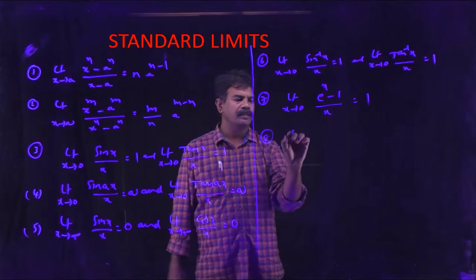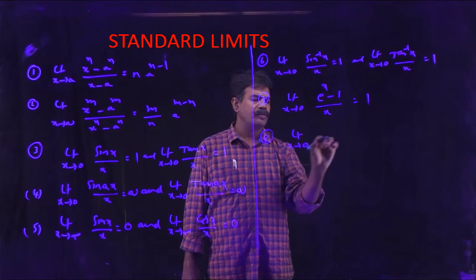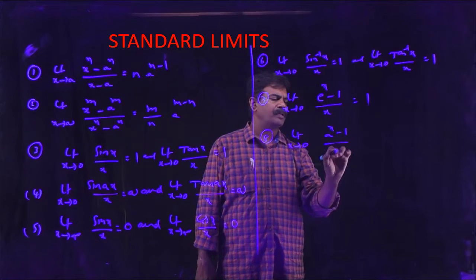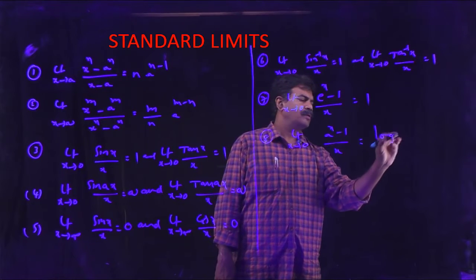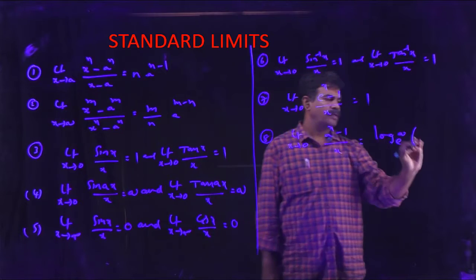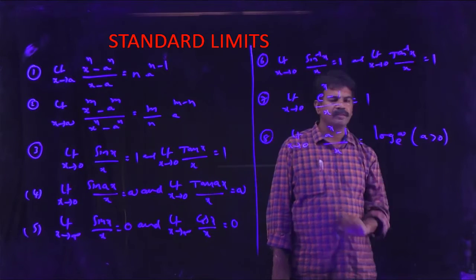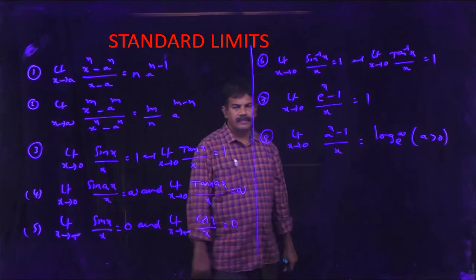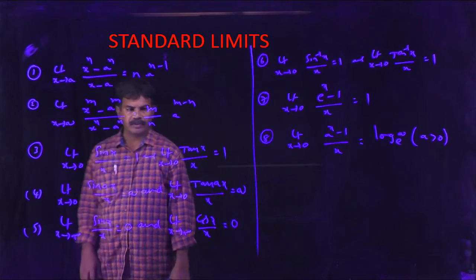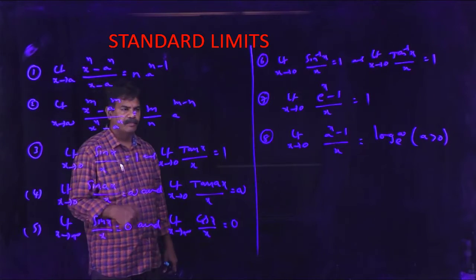The eighth one is limit x tends to 0, a power x minus 1 by x is equal to log a to the base e, where a is greater than 0. These are the standard limits. We use these formulas in the problems.